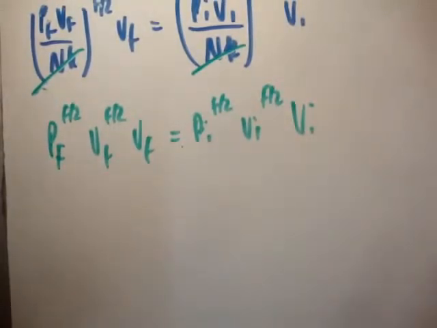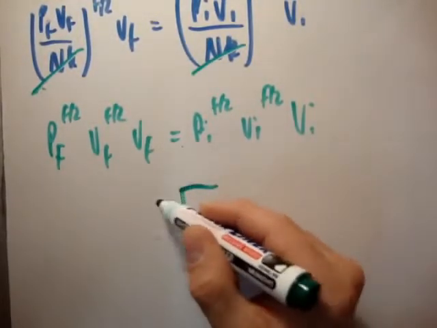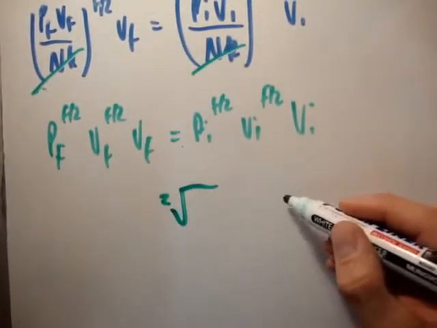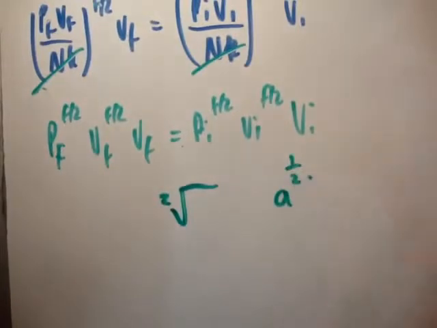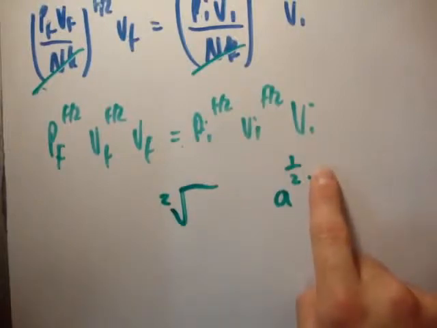So what we're trying to do is get PV to the gamma, so we need to do something. We don't want P to have an exponent, so we need to get some sort of a root, and the root we're going to get is the 2 over F-th root. Think about it, if you want to get the square root, it's the same as multiplying the power by 1 over 2.